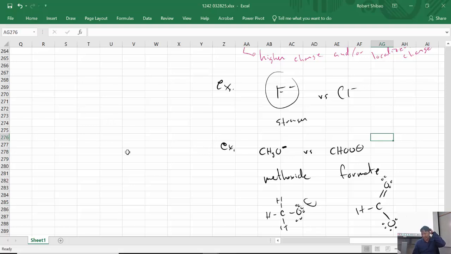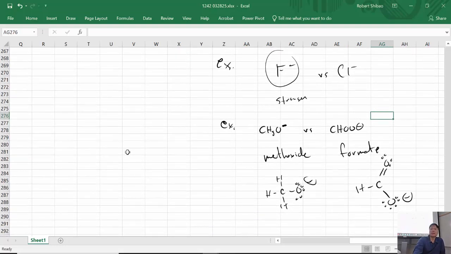Both of these have a negative formal charge on oxygen.